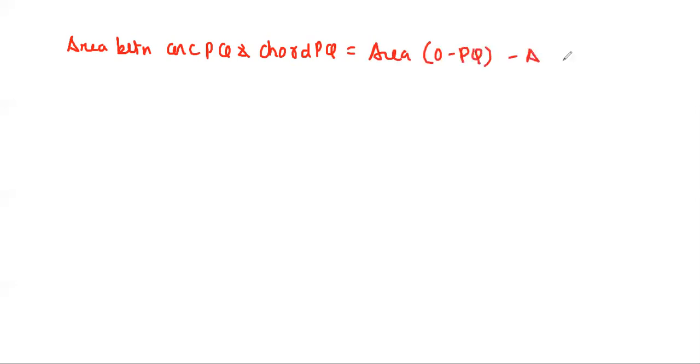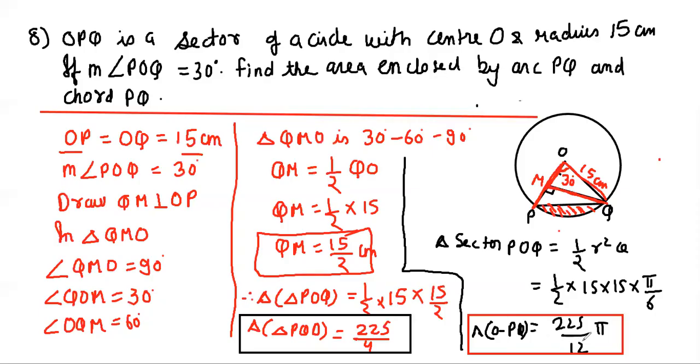Area between arc PQ and chord PQ will be given by area of sector OPQ minus area of triangle POQ. So what is area of OPQ that we have got? Area of sector OPQ, beta, that is area of sector 225 upon 12 pi.